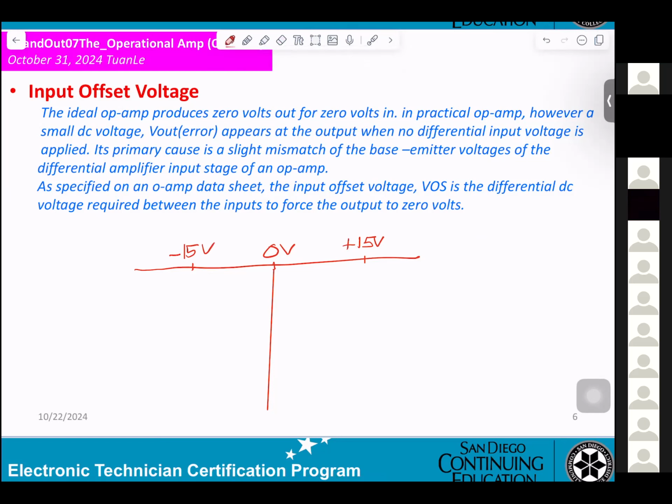This is VD. On this side, the maximum will be 15 volt plus V saturate, and this side will be minus V saturate.